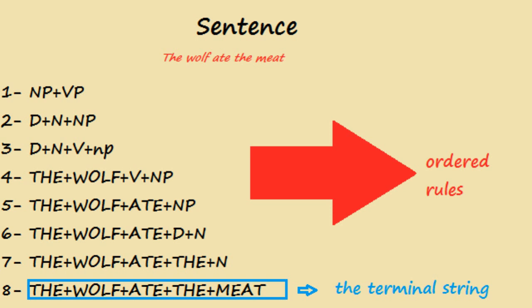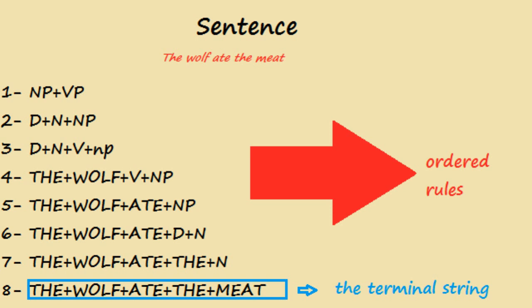Then he started replacing the symbols with what they actually represent. Determiner represented the, noun represented wolf. Then he wrote V plus NP. And he replaced the verb, right? We had the wolf, the verb was replaced by ate. Then the sixth line, he opened that NP.